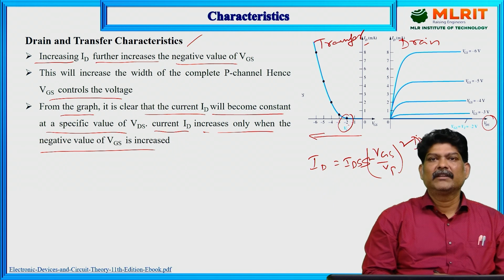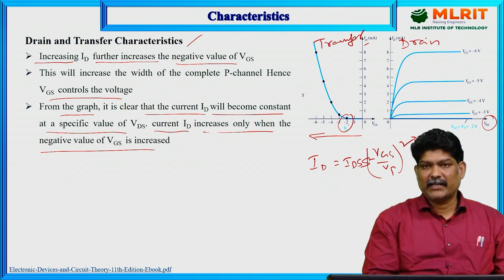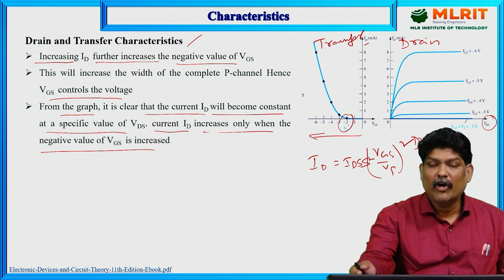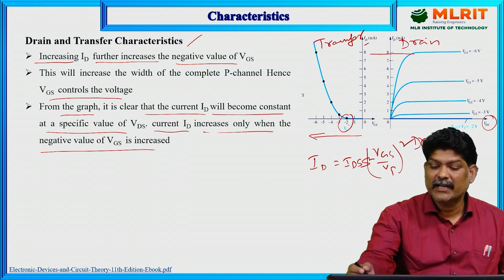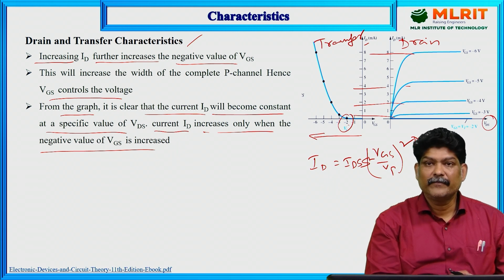So this is the expression. From this we can generate the transfer characteristics, and also from the output characteristics. So this is the drain characteristics, and from this we can generate all these transfer characteristics of the MOSFET.